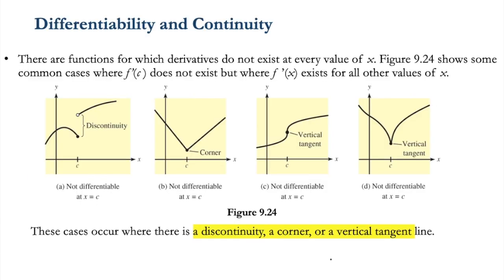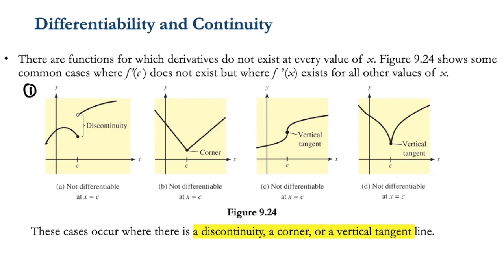Let's look at one important concept, differentiability and also continuity. There are some functions for which their derivatives do not really exist at a certain value of x. Let me show you by having some graphs here. Let's look at the first graph.